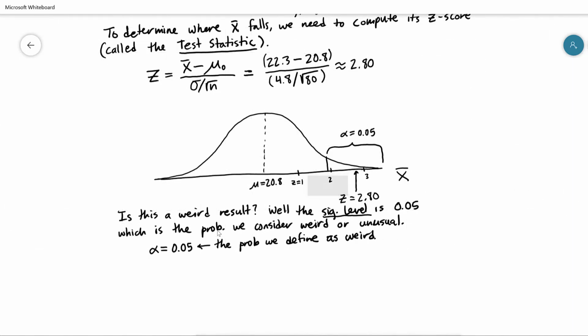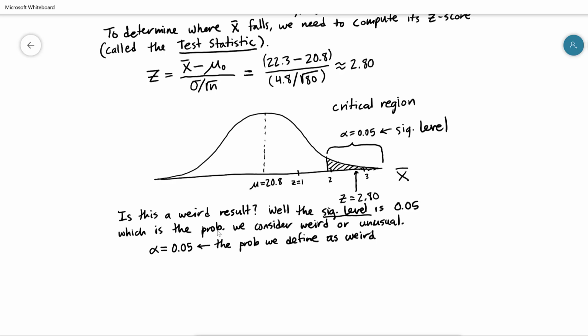This is the region where all our calculations are going to happen, in that right tail. We call this region the critical region. And it's the region defined by the significance level. That is our significance level.